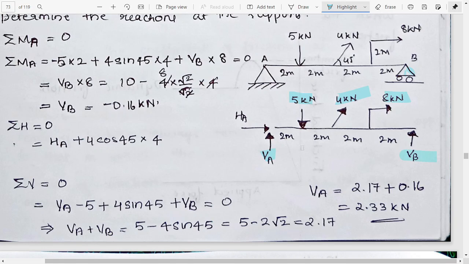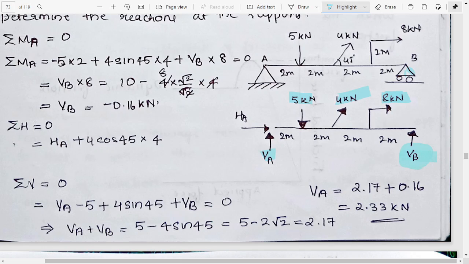Now if we take summation of MA, it will be minus 5 into 2 plus 4 into sine 45 into 4, plus VB into 8. And we are not considering this part because it is a horizontal force. So first we will get the value of VB.